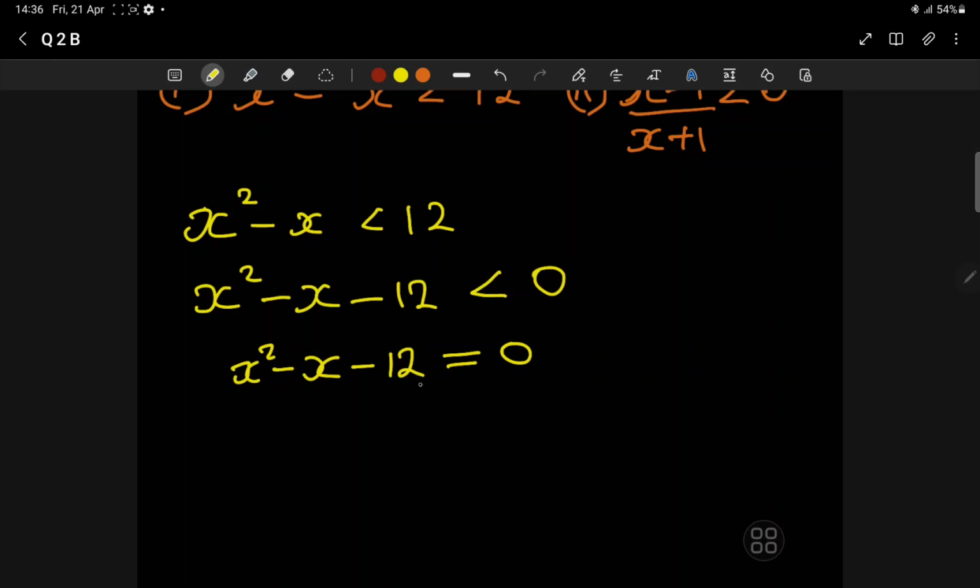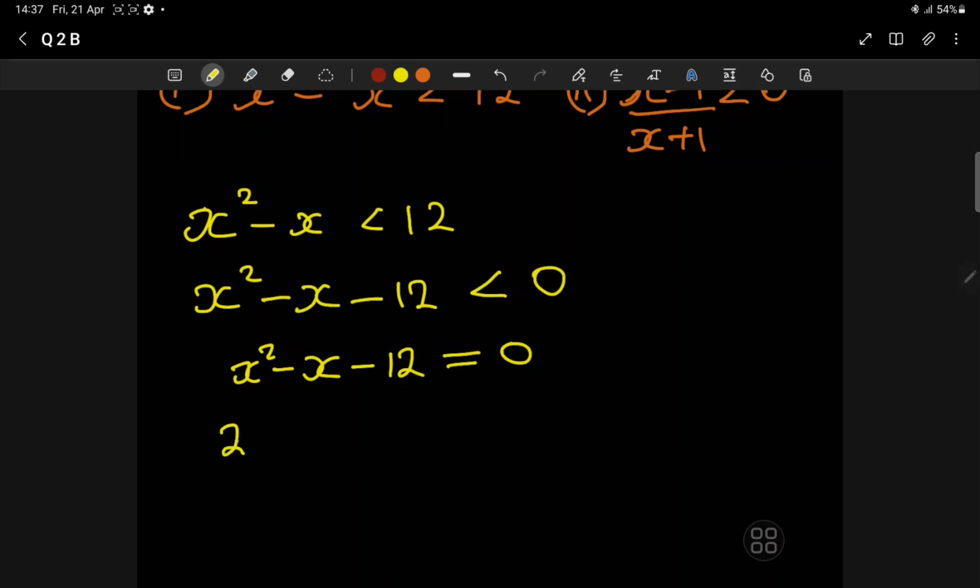We can solve this quadratic by either the quadratic formula or the product sum method. If we use the product sum method, the product is negative 12, the sum is negative 1. The two numbers that add to give us negative 1 are negative 4 and 3, and if we multiply them, they give us negative 12.